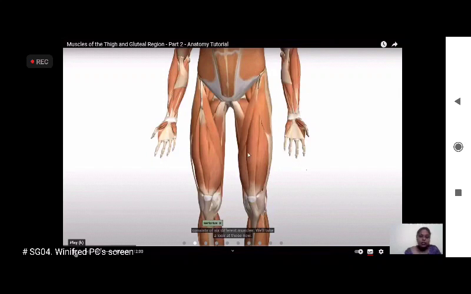And most people get this adductor tightness, which is a main reason for back pain as well as neck pain.